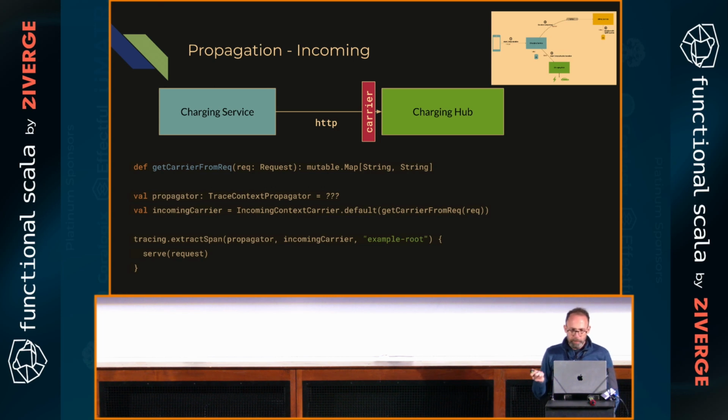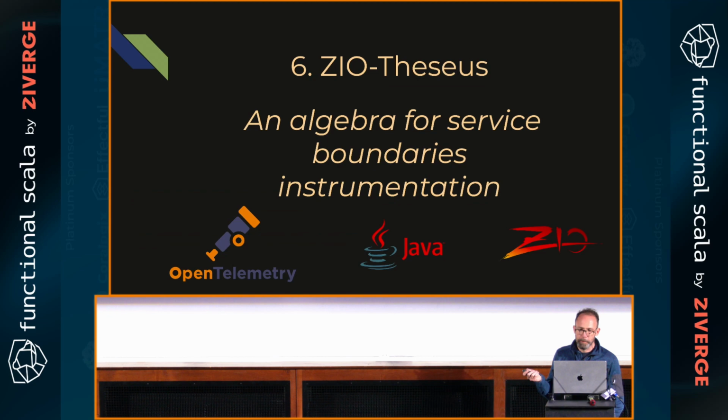So we have this. This is the code that we use to do this serialization and deserialization of the context. And this same thing happens when you're going over HTTP, but it happens in the same way if you are sending things through gRPC or Kafka or JDBC, etc. So the mechanism is exactly the same.